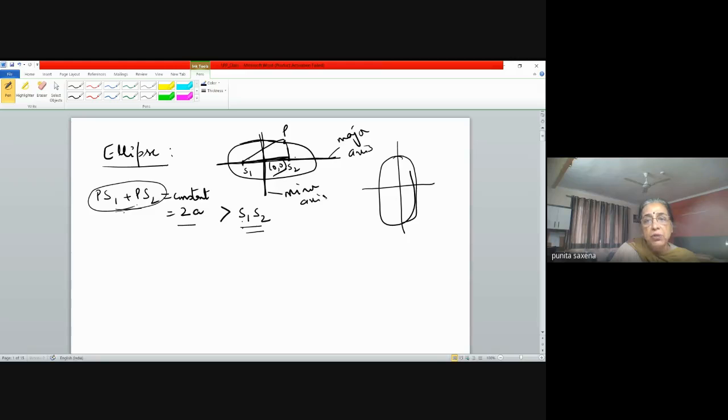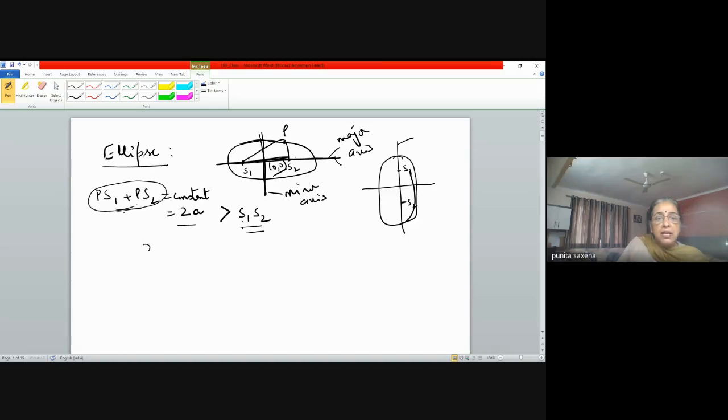Your major axis can be the x-axis, with the fixed points here, this is your S1 and this is your S2, or your major axis can be the y-axis also.